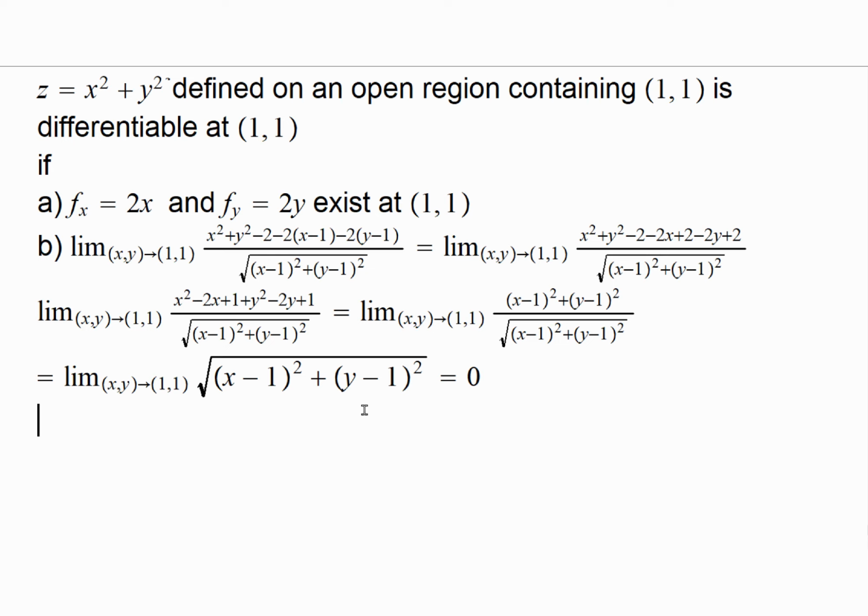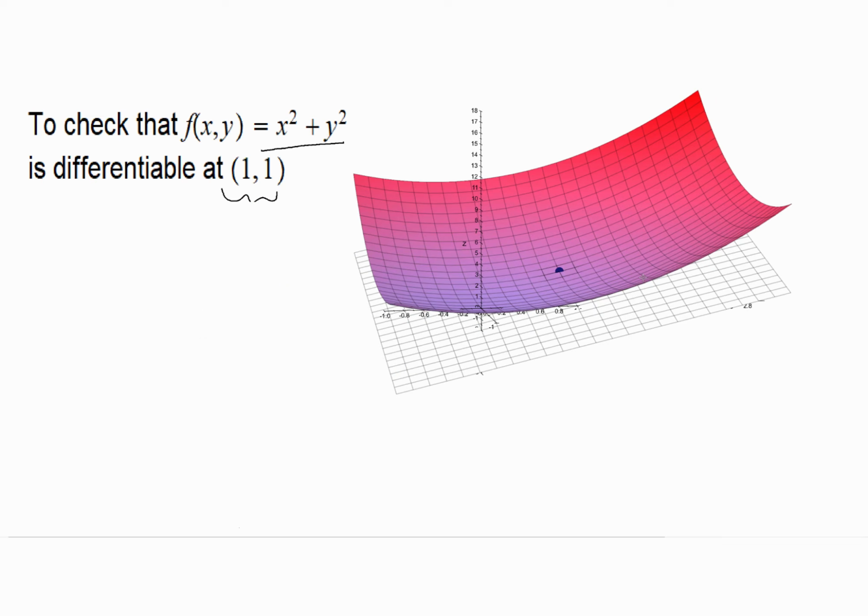And notice this numerator, or let me just show you graphically what's going on. Geometrically, say this is the graph of x squared plus y squared, and this is the graph of, say, L(x, y) equals 2x plus 2y minus 2, a linear function.